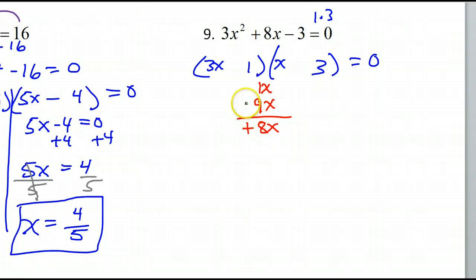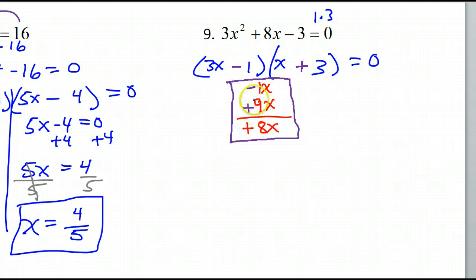Well, I want the result to be positive, so the bigger number needs to be positive. Smaller number, negative, that would give me 8. So there's my -1, and a positive 3 would give me the positive 9 outer. One last thing, does -1 times positive 3 equal -3? Yes. So I have in fact factored it correctly.